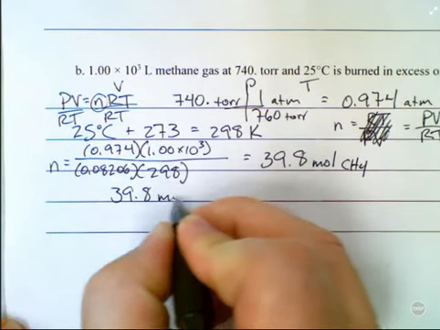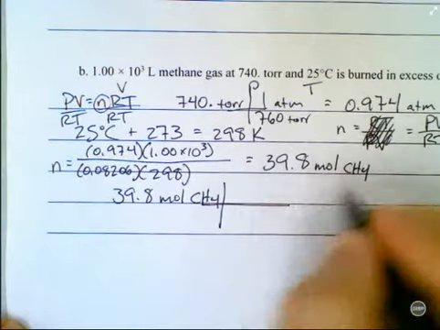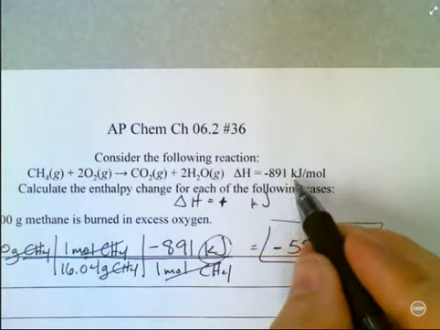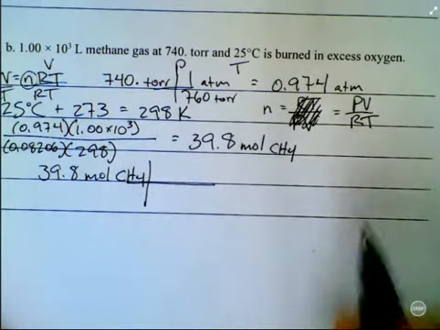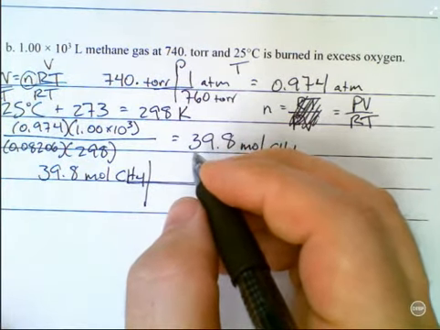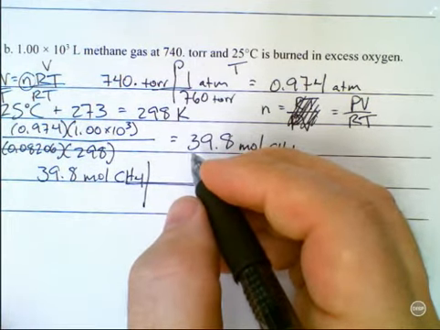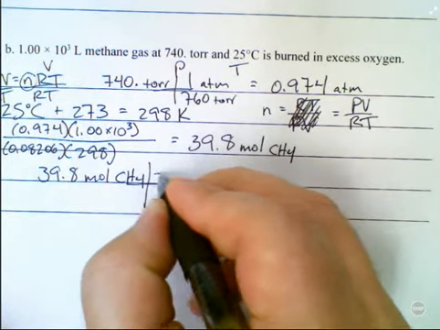Now I will use this molar value of methane, 39.8 moles of methane. And now I can use my value from the question, the negative 891 kJ per mole. So again, this is an exothermic process, and I'm calculating enthalpy change. I'm not stating whether or not the energy is going in or out, being released or absorbed, so I have to relay that using this negative sign.